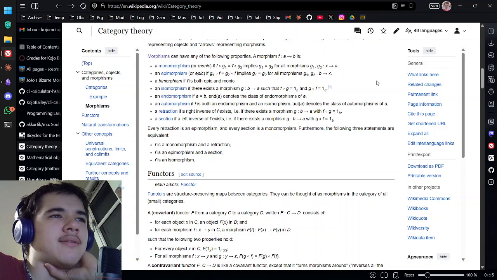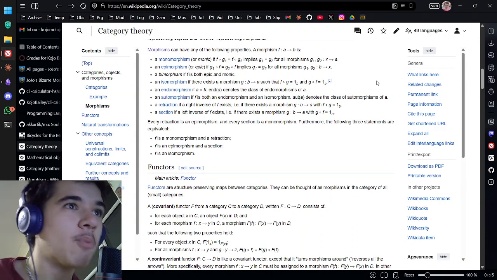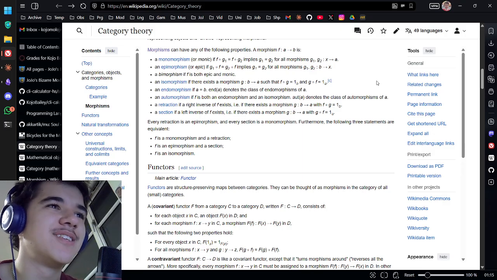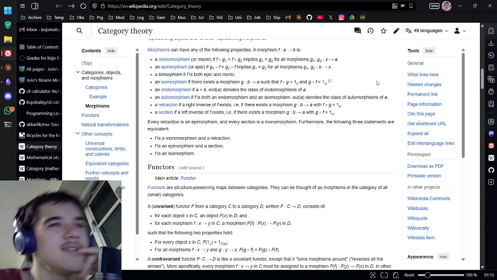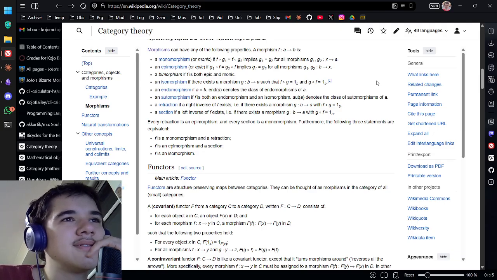An epimorphism, and an isomorphism, if there exists a morphism g from B to A such that f∘g equals the identity function, and g∘f equals the identity. What?